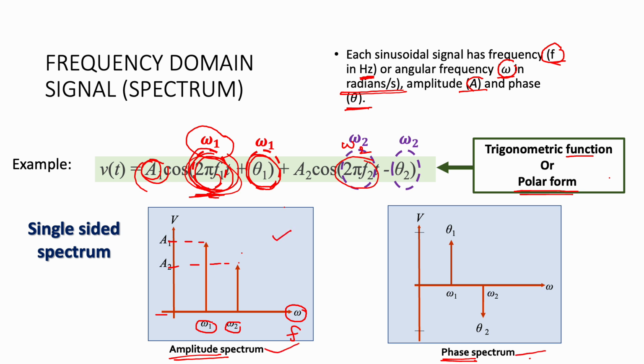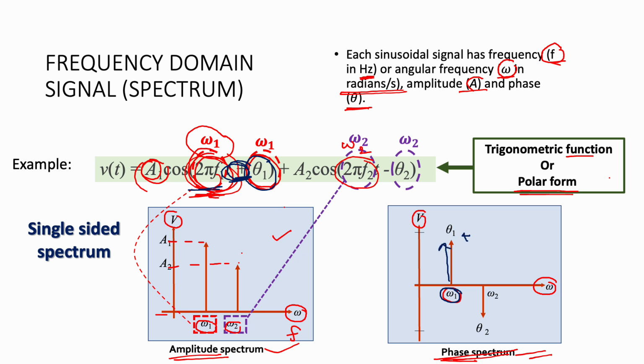Next, if you want to plot the phase spectrum graph, our x-axis still remains omega, the angular frequency, and our y-axis is the value. But since this is a phase spectrum, we want to plot the phase. At omega 1, the value of the phase is theta 1. Since it is positive, it is pointed upward.